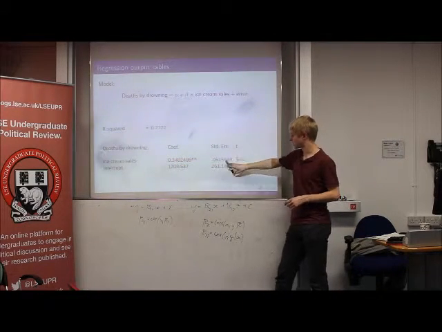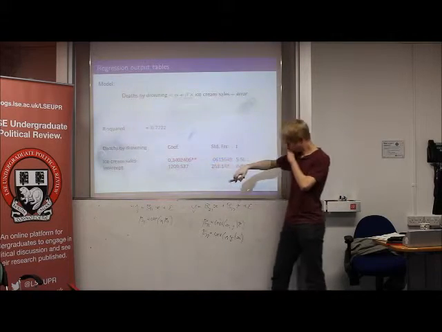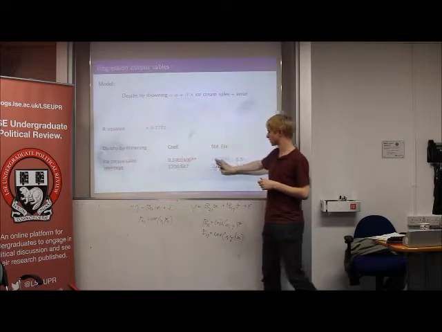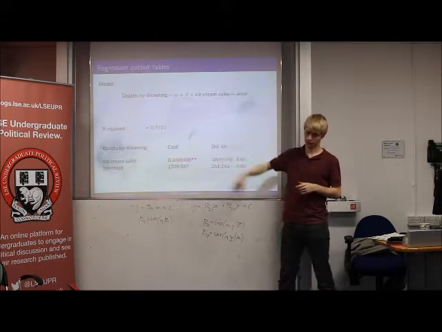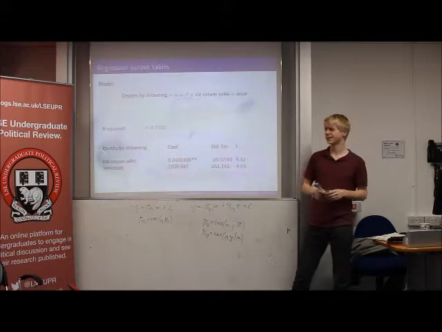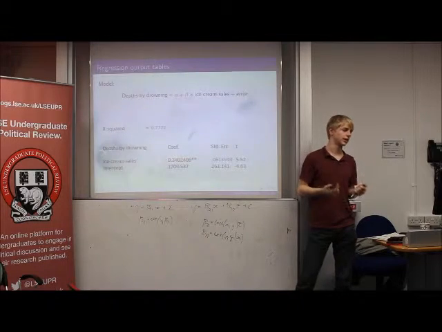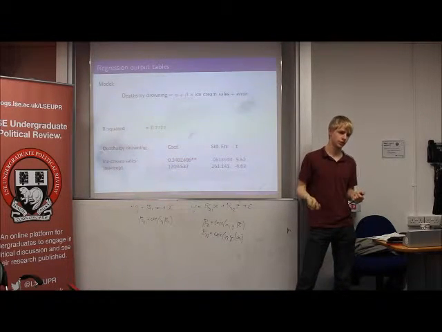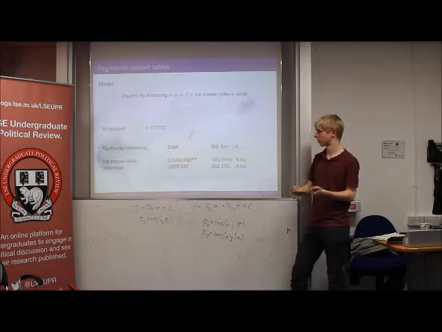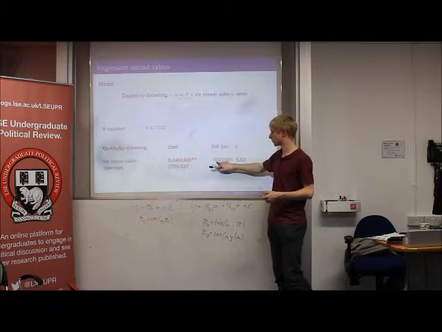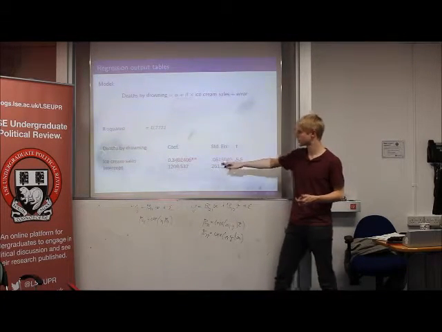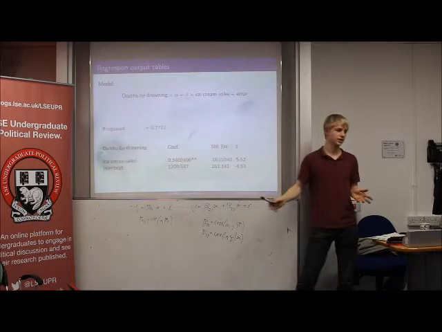I've highlighted the two main important things: the coefficient of ice cream sales and the standard error of that coefficient. We had the basic rule of thumb: if the standard error is less than 2 times the coefficient, then we're confident it's not equal to 0. And we can see that this is the case. 2 times this is 0.12-ish. This is 0.34. So we're confident it's not 0.